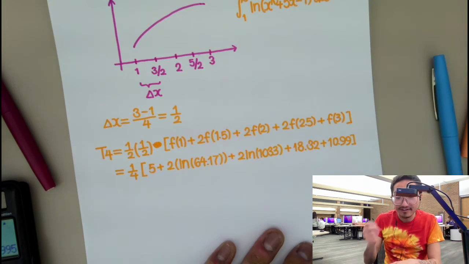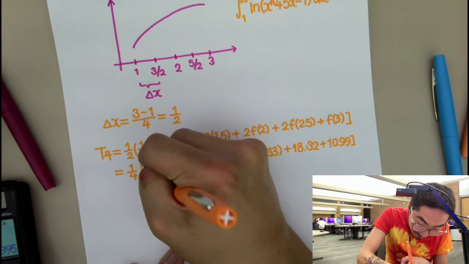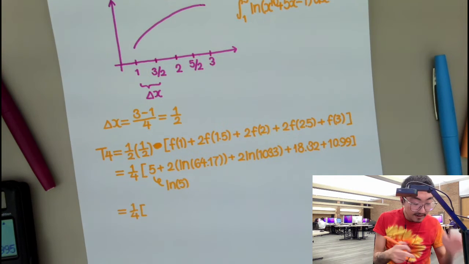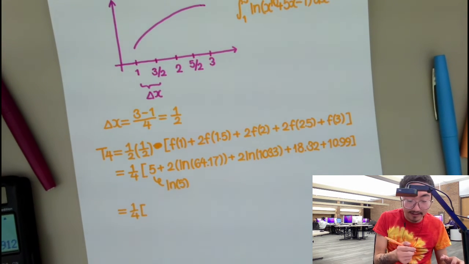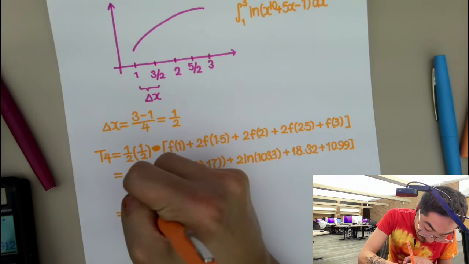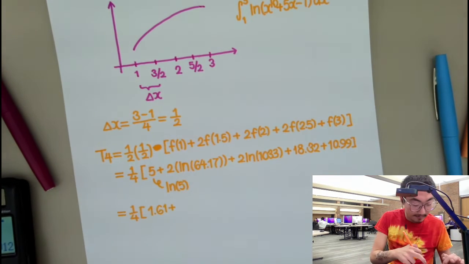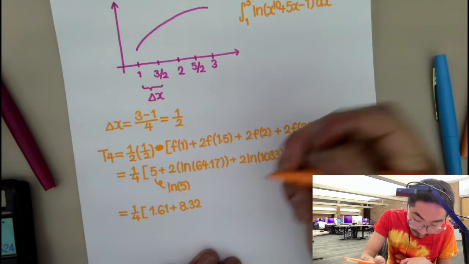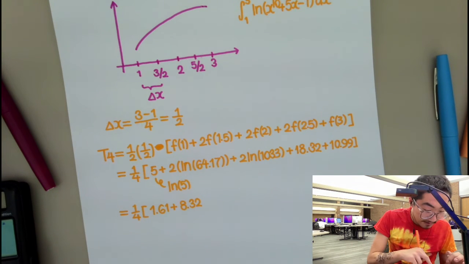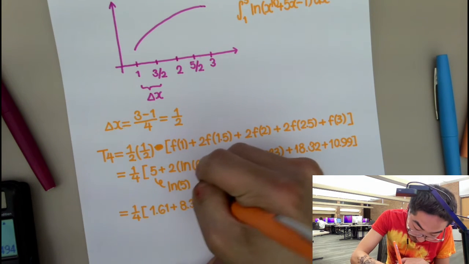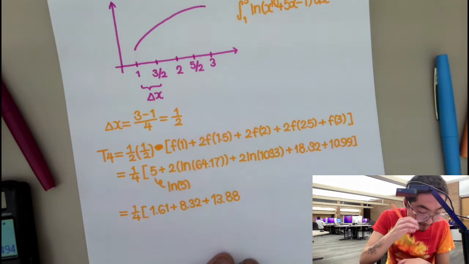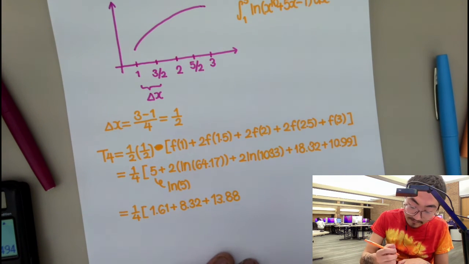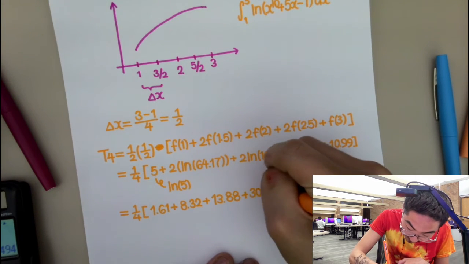Most of this part is computational. So sorry if I make a mistake. The natural log of 5 is 1.61, so it's going to be 1.61 plus 2 times the natural log of 64.17, which is 8.32, plus 13.88, and 30.31.